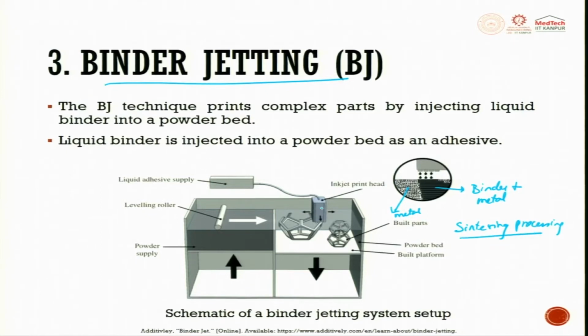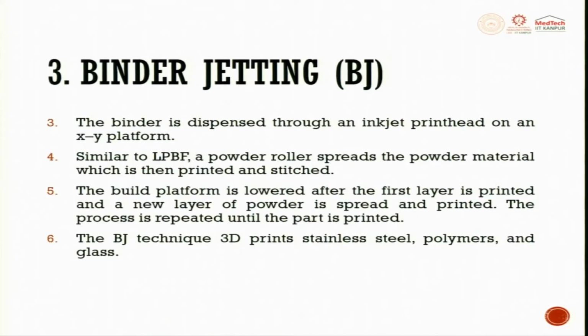So, here it is very simple. You have the liquid container injecting the binder on top of a workpiece. So, the process is explained. Binder is dispensed through an inkjet print head, similar to laser powder bed fusion. Powder roller spreads the powder, which is then stitched.